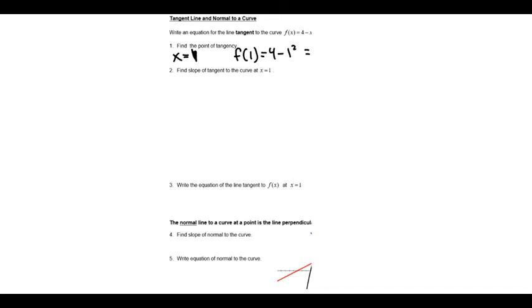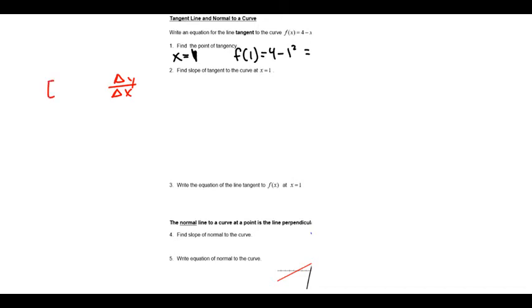Next, we want to find the slope of the tangent to the curve at x equals 1. So remember, in order to find the slope of the tangent, we need to first find the slope of the secant. So we need the change in y over the change in x. We're only given a point, so we need to create our intervals.